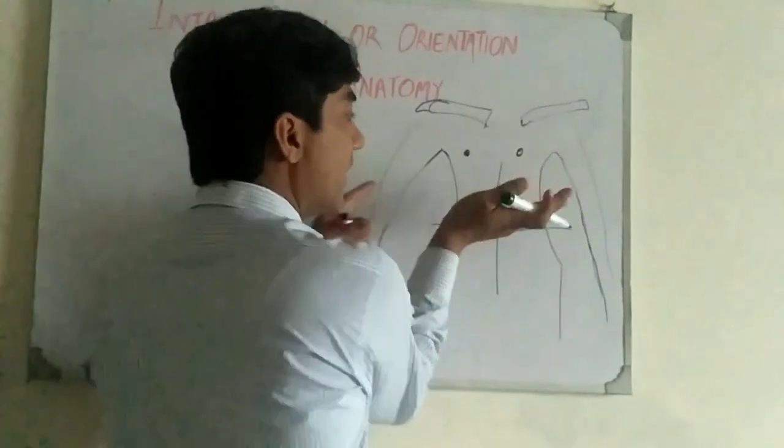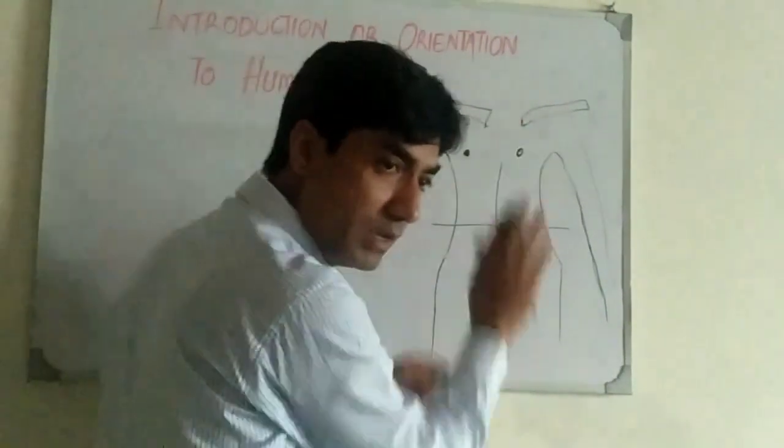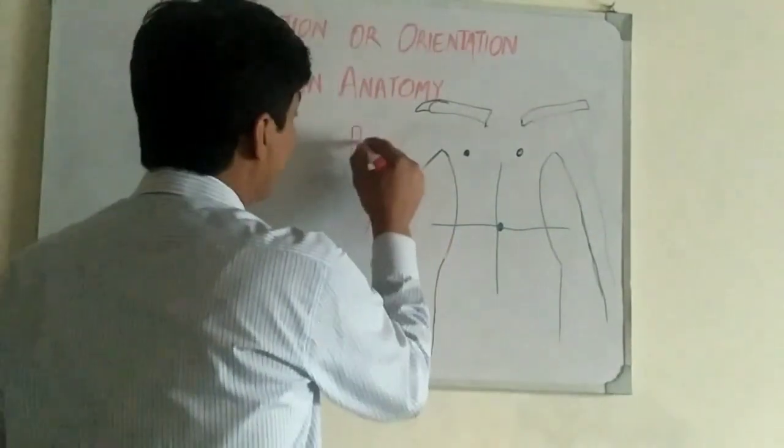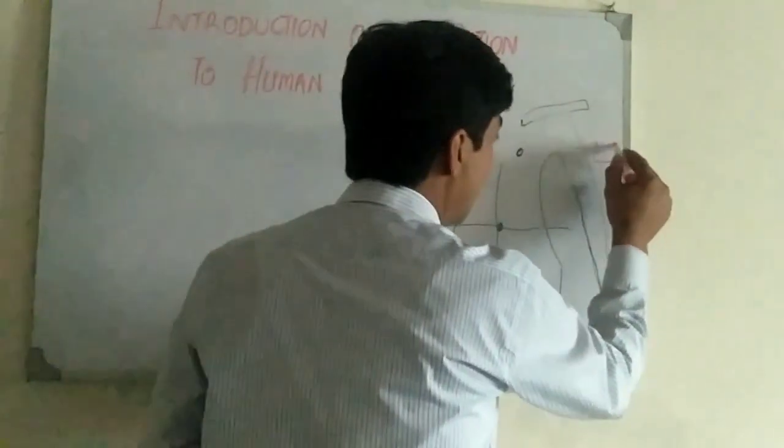Two quadrants are at the upper side and two are at the lower side. So this is the right side, this is the left side.